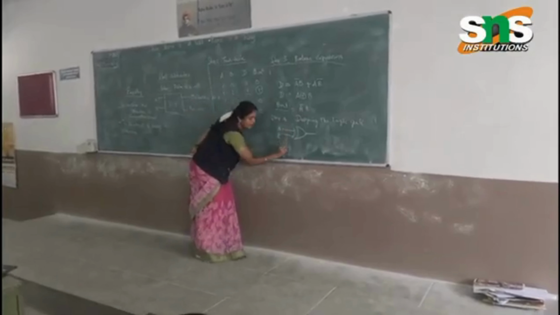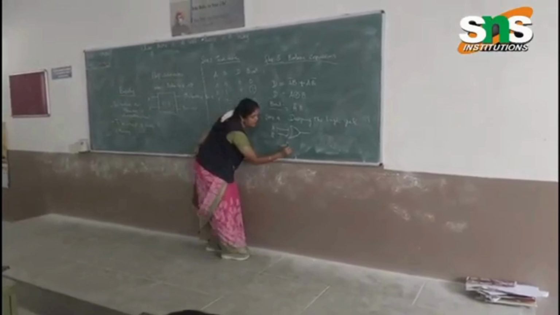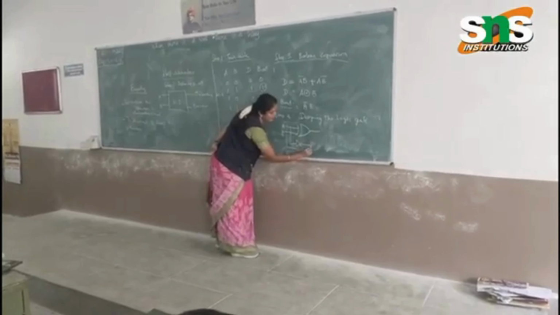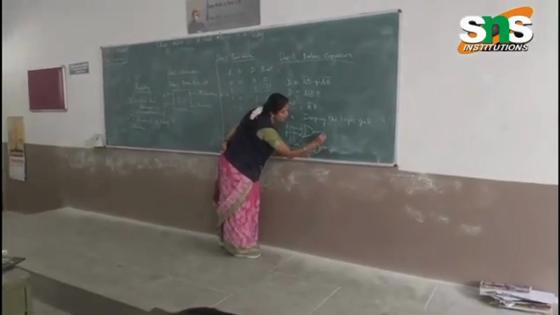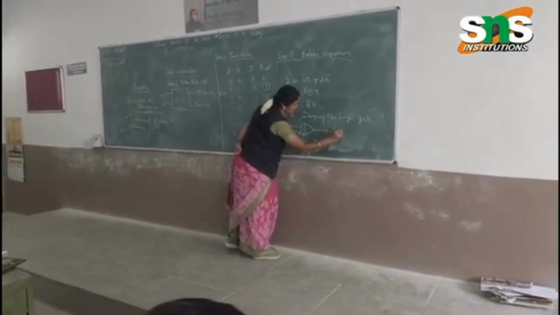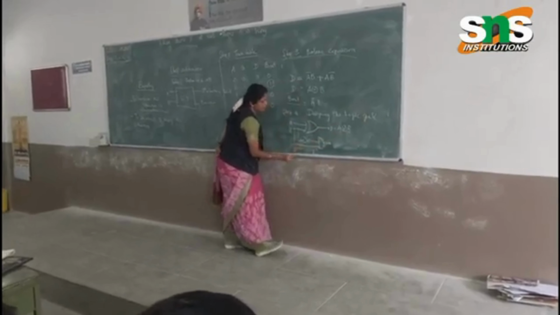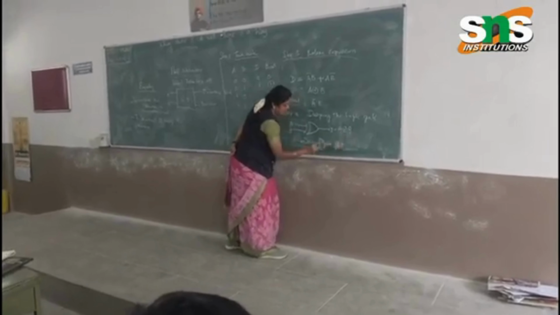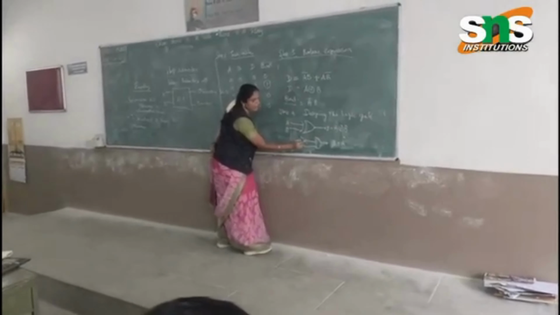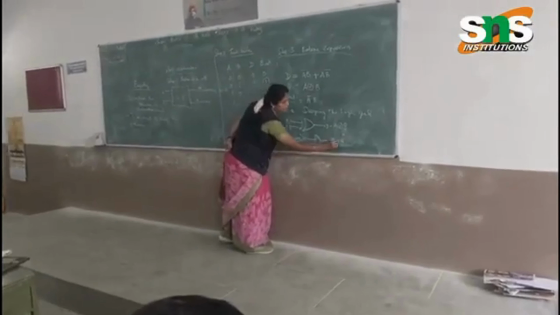From A, we take a NOT gate, and directly we use the B input. So this is your difference, that is A XOR B, and this is your borrow.